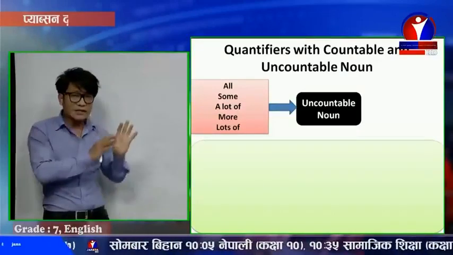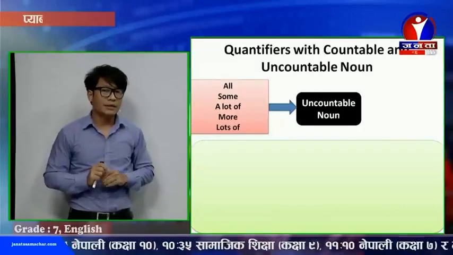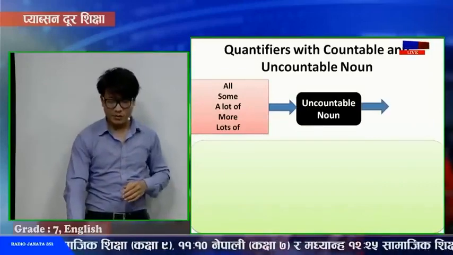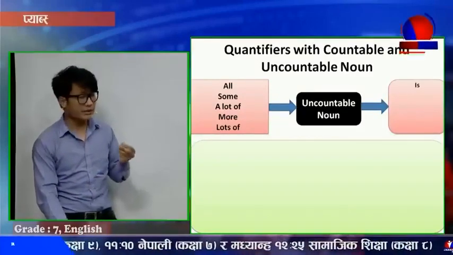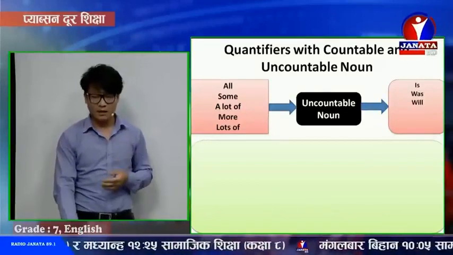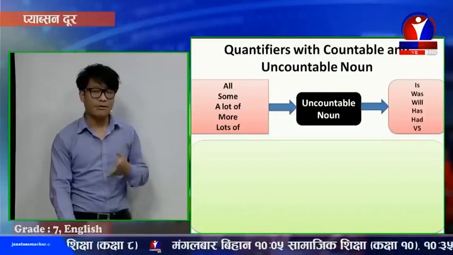After these quantifiers, if there is an uncountable noun, then we should use a singular verb. You can see here: is, was, will, has, had, and verb 5.